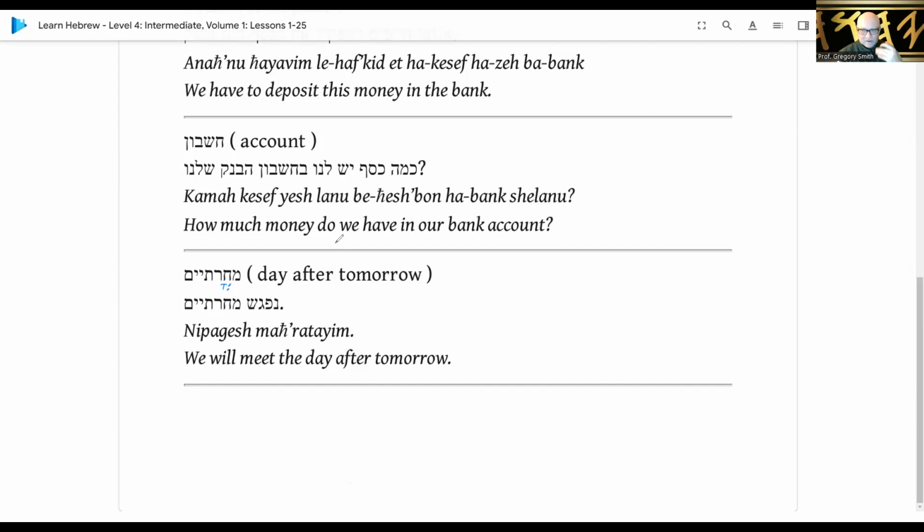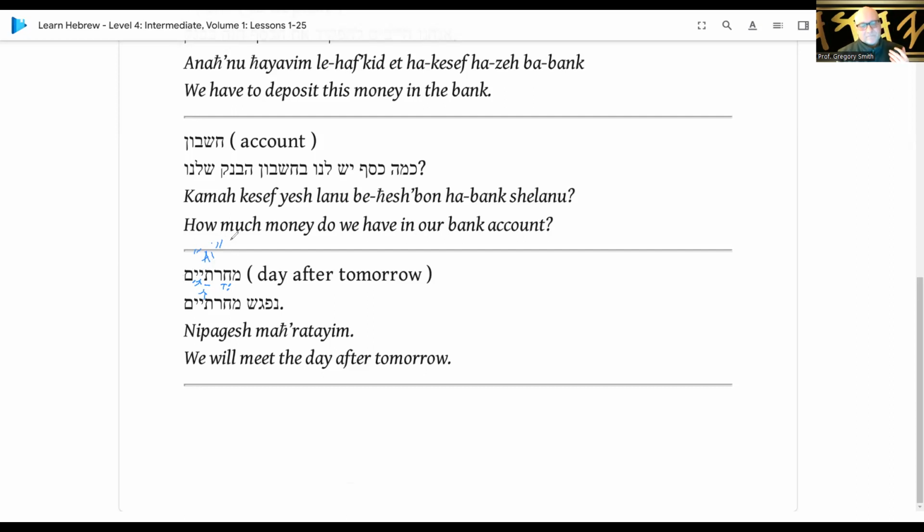I can't remember exactly what that vowel is called off the top of my head, but that's what it sounds like. מחרתיים. Mahoratayim. Now this is probably a kametz, a patach there, because you get that diphthong and then an E sound, so it's like an A-I diphthong. Mahoratayim, okay? And then this has got to be a hirik under that second yod.